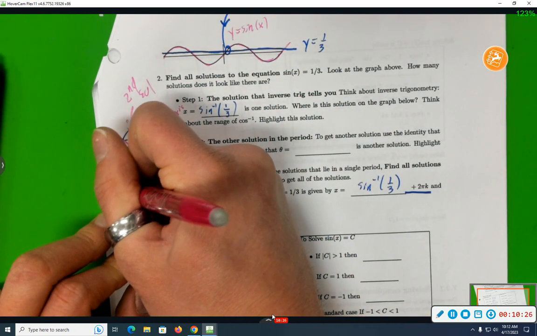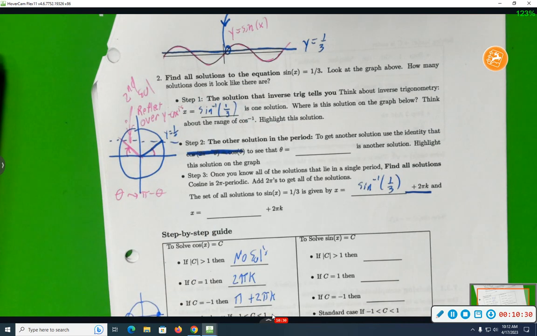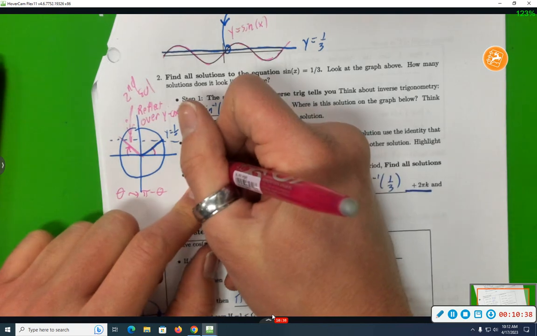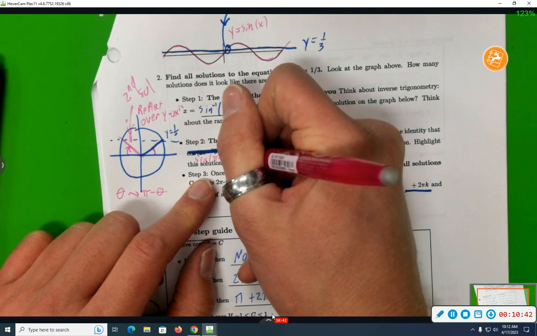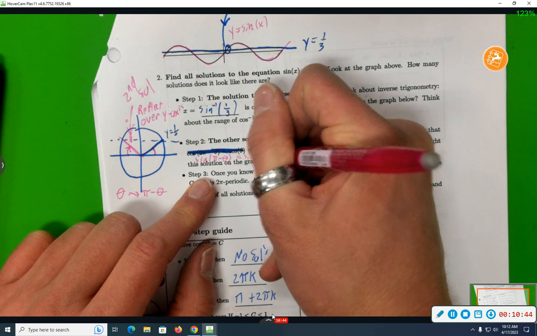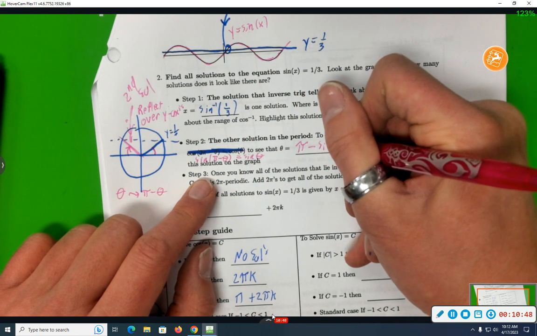So this corresponds to replacing an angle by pi minus that angle. Now that that's written, does that sound familiar? Reflection over the y-axis corresponds to pi minus theta. And as a consequence, the sine of pi minus theta is the same as the sine of theta. So I can get a second solution by pi minus the first solution.